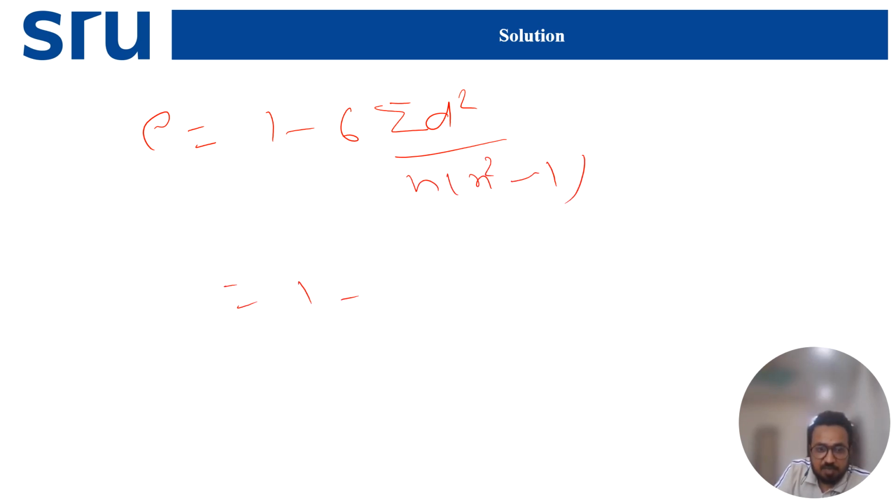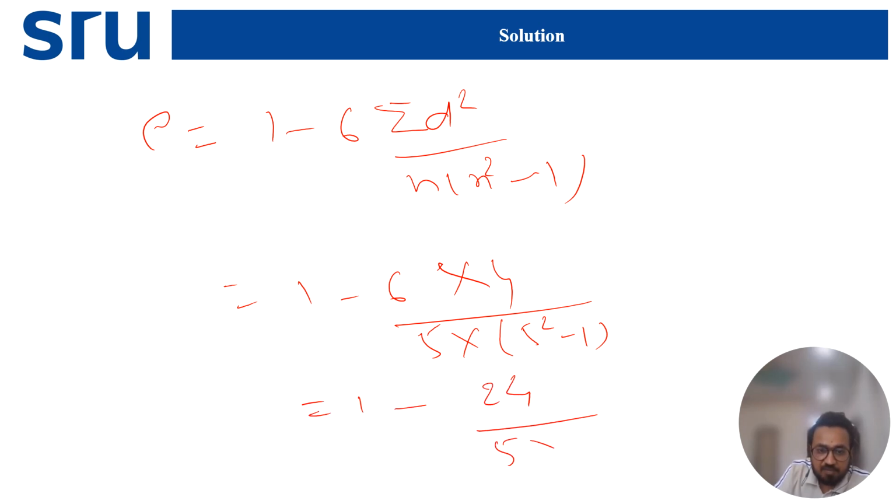Here, summation D square is 4, and n is 5. So 1 minus 24 divided by 5 times 25 minus 1, which is 24. The 24 cancels, so this is equal to 4 by 5, which is 0.8.